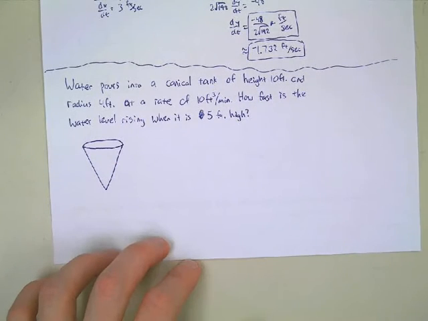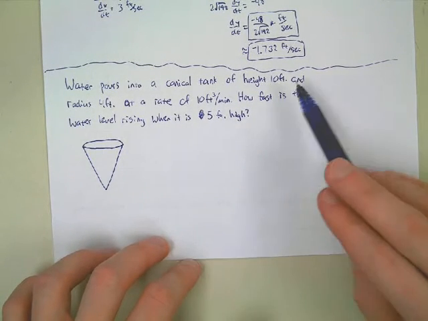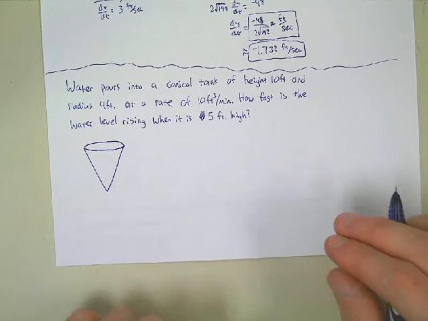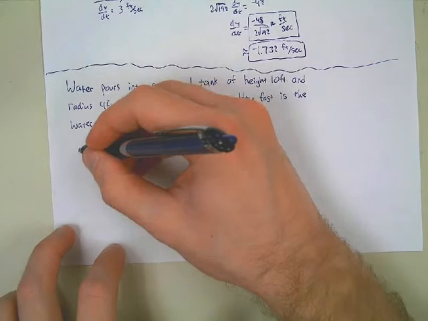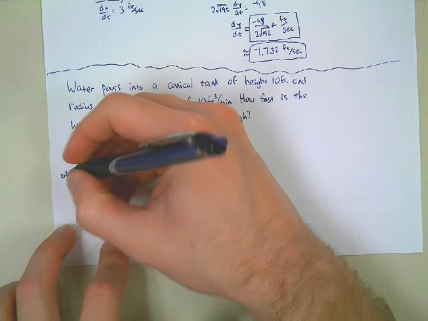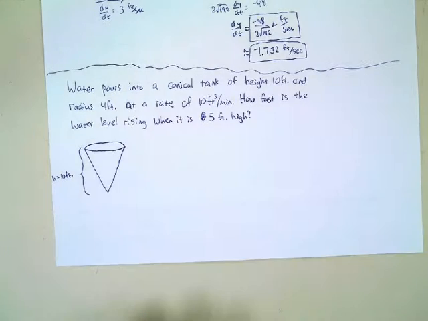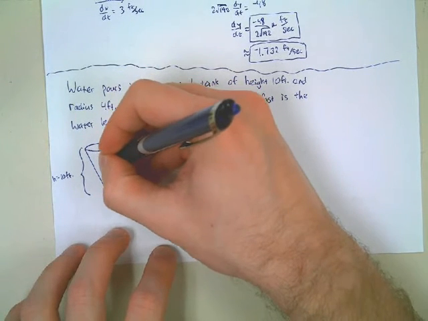Water pours into a conical tank, height of 10 feet. So the full height is 10 feet. Or if you want to, you can measure it from the center there. That height there is 10 feet.